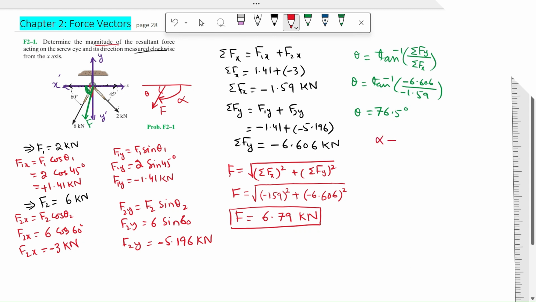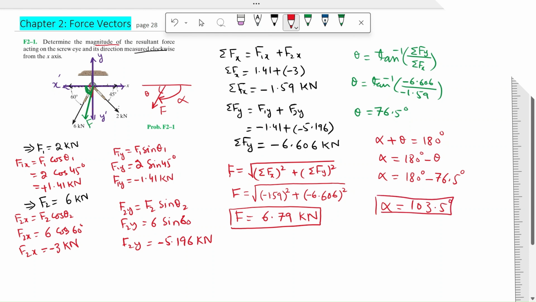Since alpha plus theta yields 180 degrees, alpha is the angle from the x-axis to the resultant force. So alpha will be 180 degrees minus theta, which is 76.5 degrees. Subtracting this, we get alpha as 103.5 degrees.